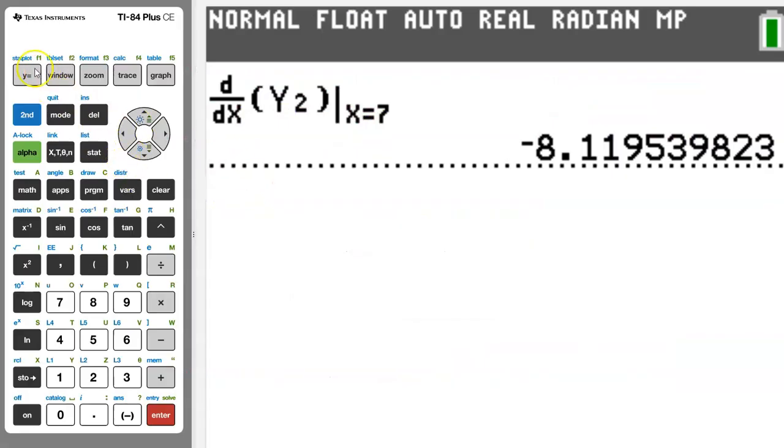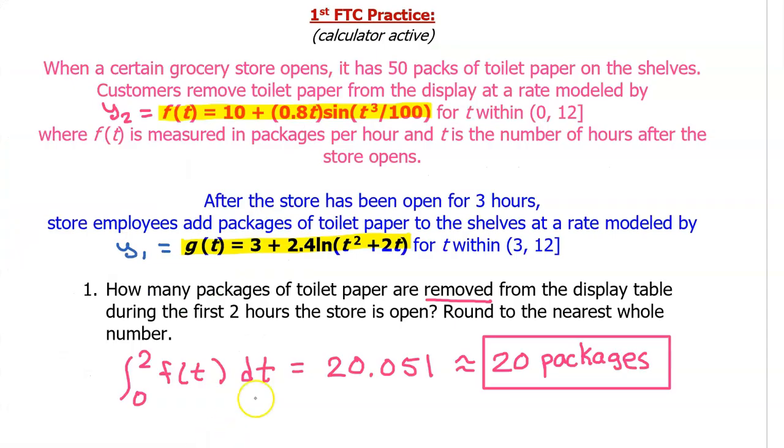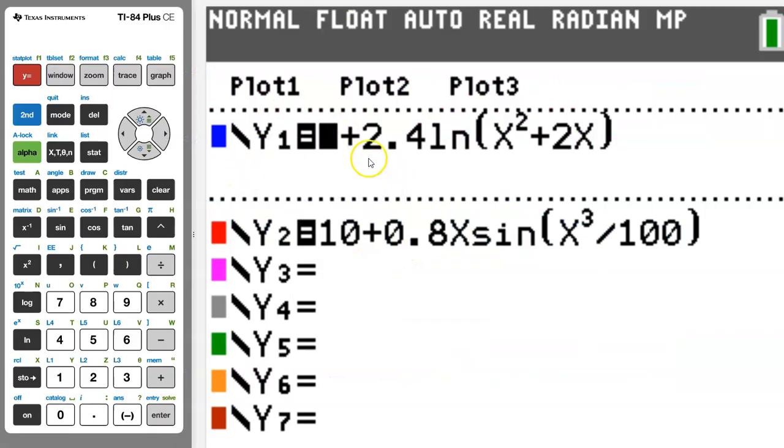So we go back to the calculator and we hit y equals, and we are going to type this expression into y1. So here we have the rate in typed into y1 and the rate out typed into y2. To evaluate these, we will ultimately use the table feature up there above the graph button.